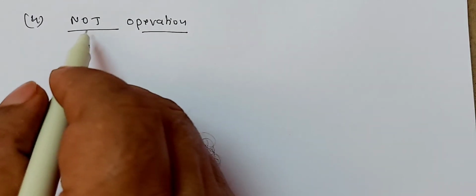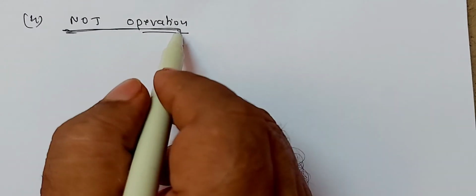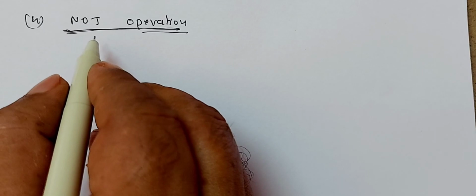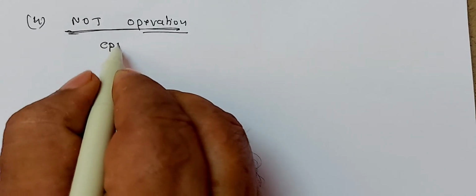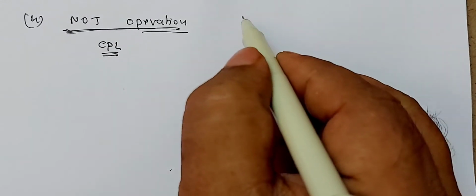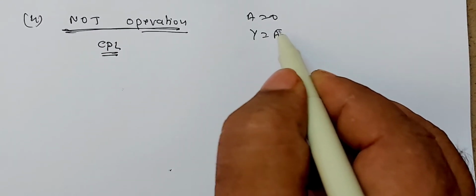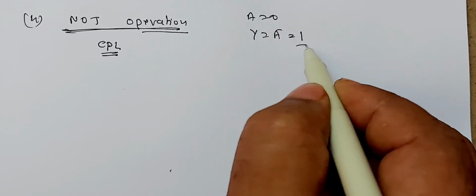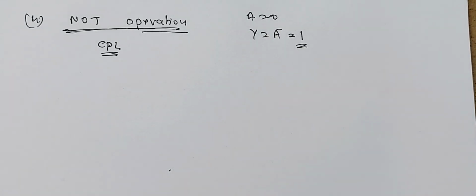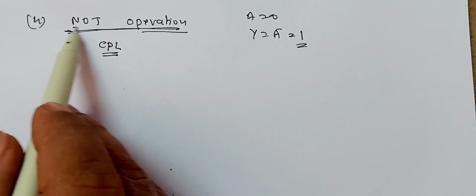Therefore, instead of NOT operation, we use the opcode CPL, complement. In the NOT gate, if A equals 0, the output is A bar, the complement, that is 1. Therefore, we are not mentioning NOT.